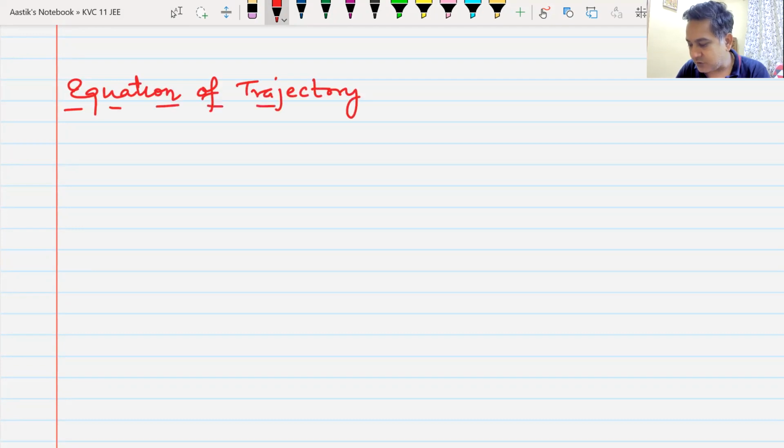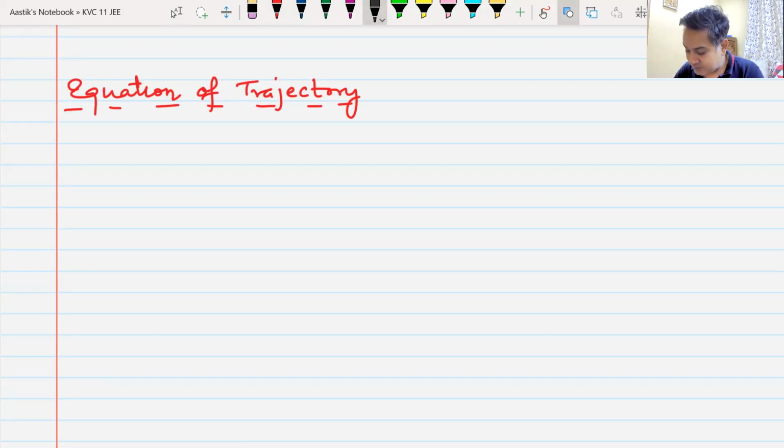Equation of trajectory is nothing but the relation between x and y coordinates of the particle. It tells us what path that particle is going to follow. If you know the value of x, you can calculate the value of y. If you know the value of y, you can calculate the value of x, and so on.